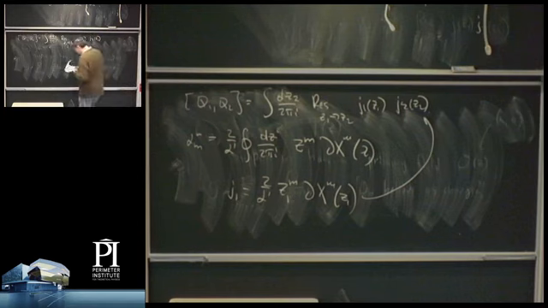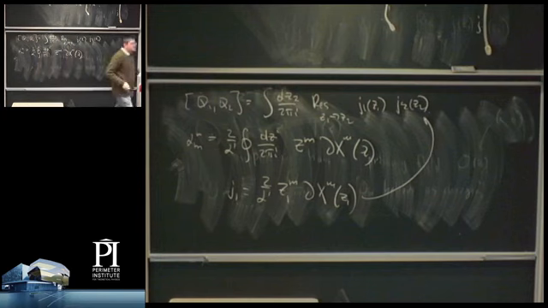And so these conserved charges, alpha m mu, are just given by 2 over alpha prime times the integral dz over 2 pi i, z to the m, del x mu.